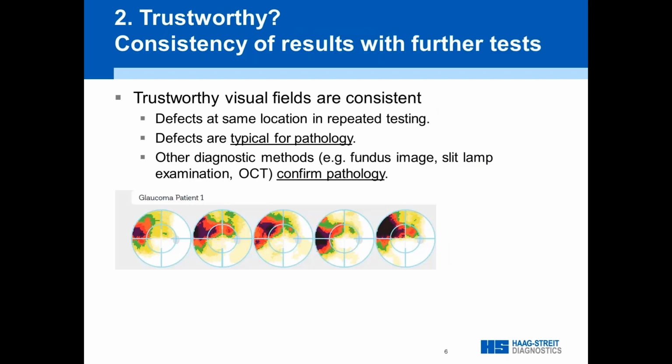Just to get back to the point I find is not always looked at so much, the consistency of fields. Here's a series of fields for a superior nasal defect. While there's some variability in the performance, clearly the defect is where it's supposed to be. It's repeatable. It's a shape typical for pathology. And if we had other diagnostic methods that confirm the pathology, we can really say this is a reliable field where the defect is where it should be.